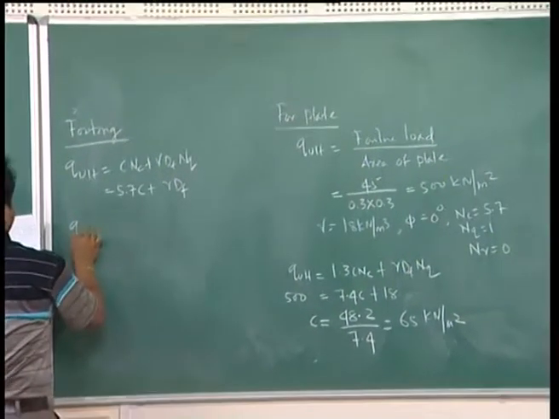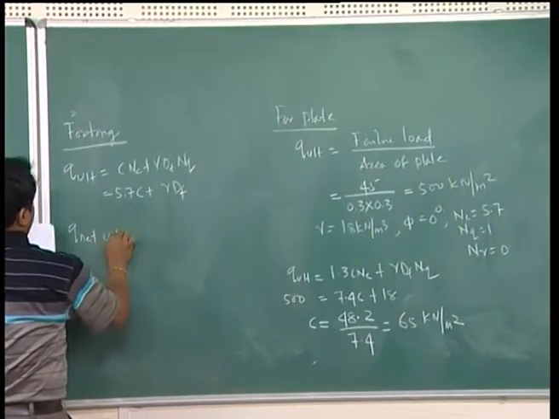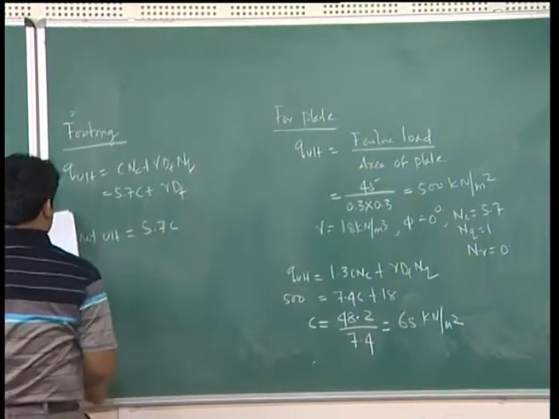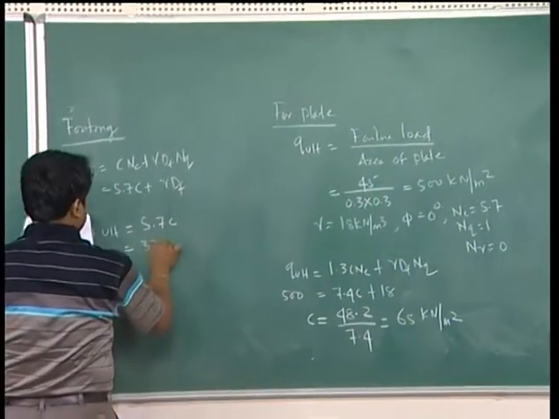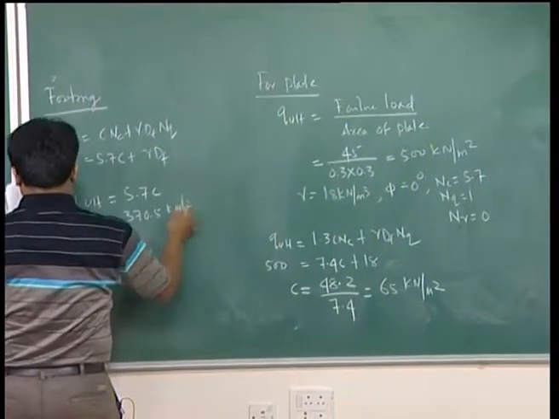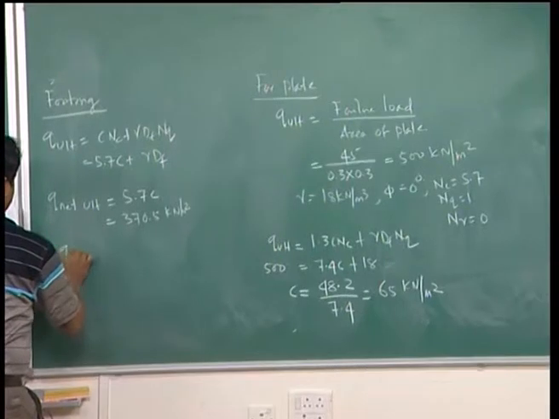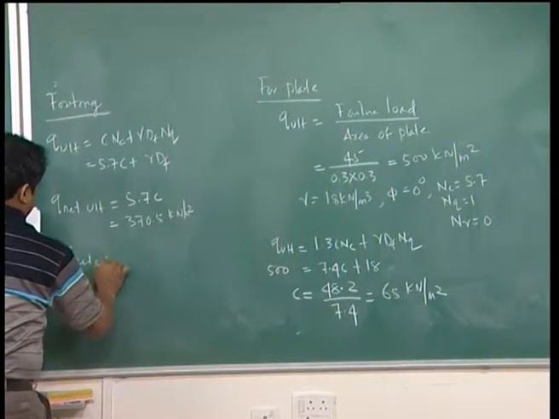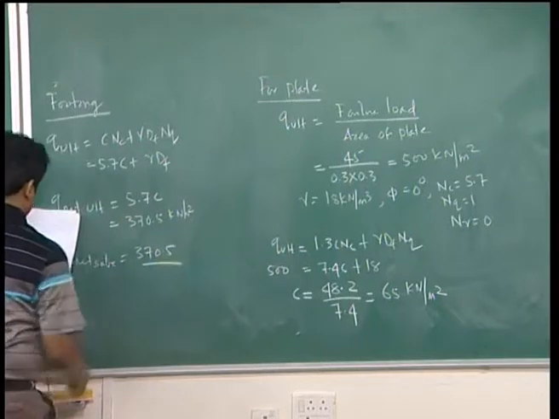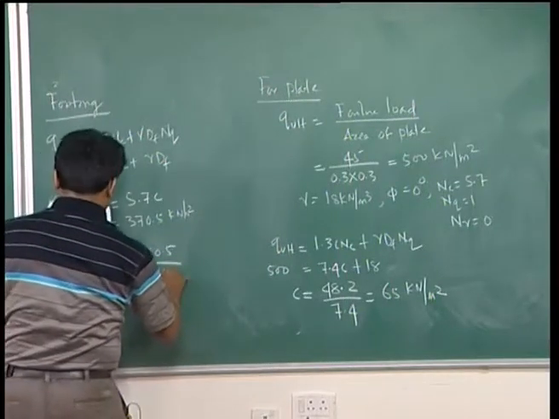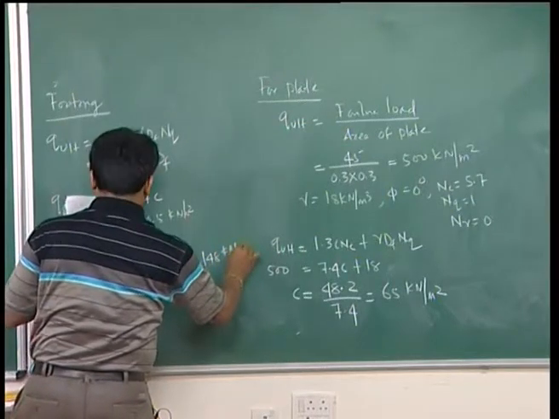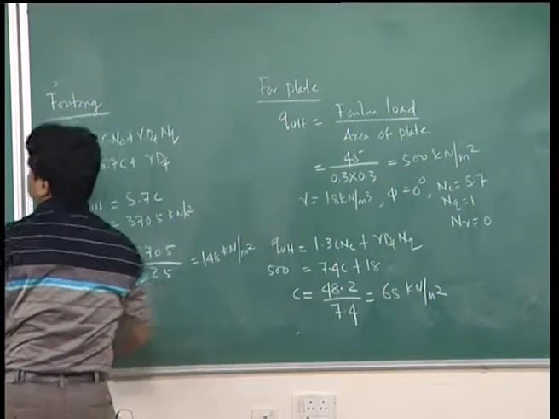So Q net ultimate of the footing is equal to 5.7 c, which is equal to 370.5 kilonewton per meter square. Q net safe is equal to 370.5 by 2.5, which is equal to 148 kilonewton per meter square.